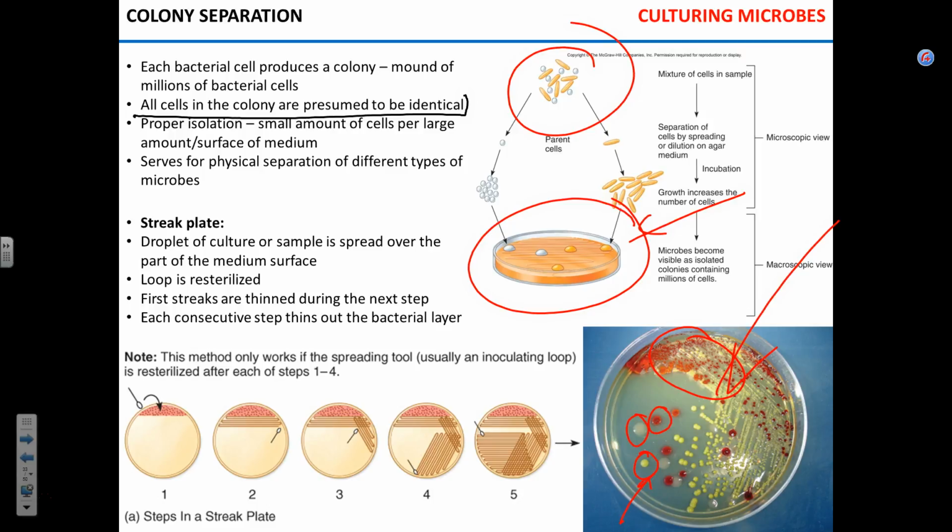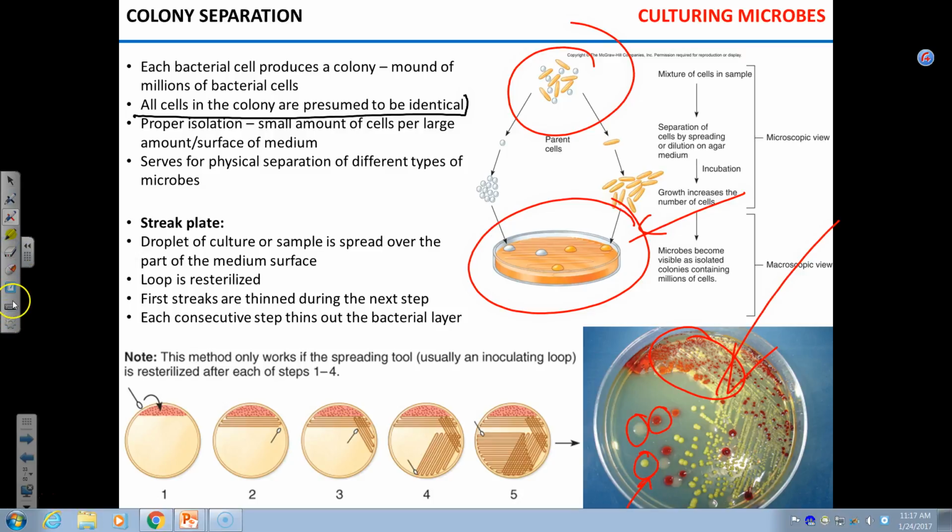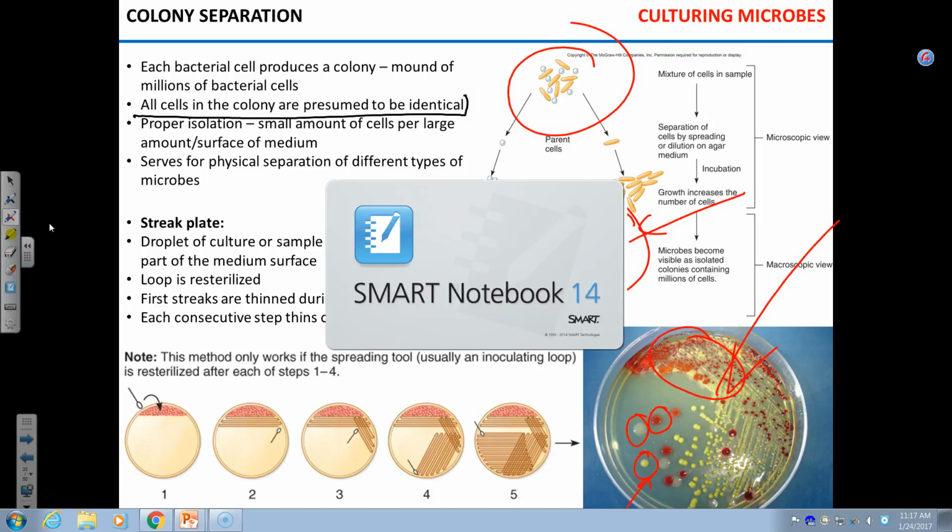Now, the easiest way probably would be to open the notebook, and I will just try to picture it for you. So you take a plate. I'm going to use this as a plate. And you take a loop, and you collect a colony.